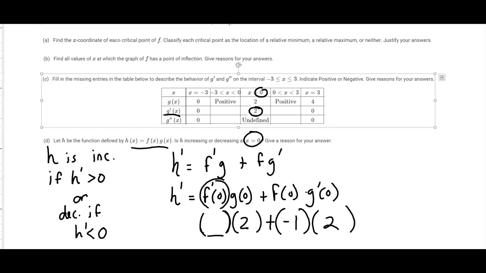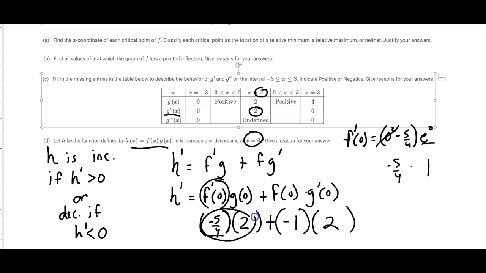All right, so now we need to find F prime of 0. Now F prime of 0 can be found by plugging 0 into our function that they gave us at the beginning. Now e to the 0 is just 1, and that's just 0, so you're left with negative 5/4 there. All right, so let's go ahead and simplify this and find out what h prime is.